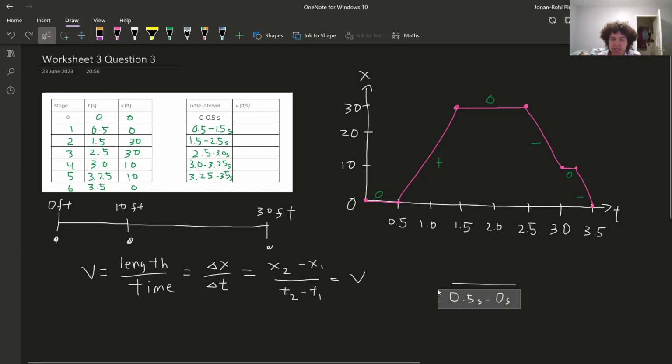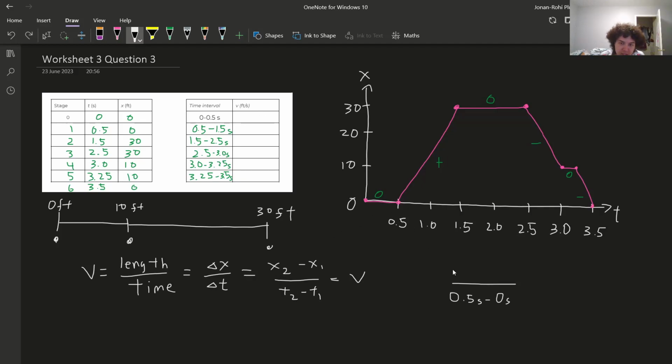And then we'll figure out the displacement. Now, these 2's and these 1's are said to correspond to each other. What we mean by that is that if you're looking at time 2, there's a specific position at that time, which we call position 2. So at the time 0.5 seconds, time 2, what is the position?